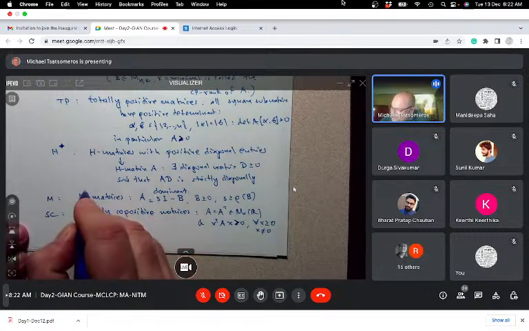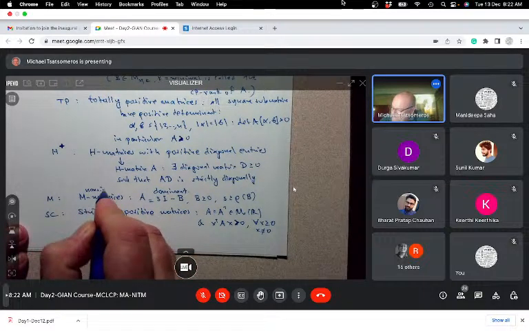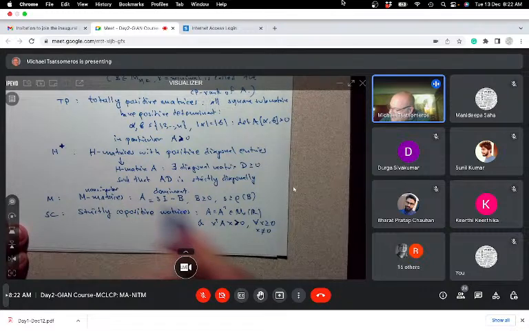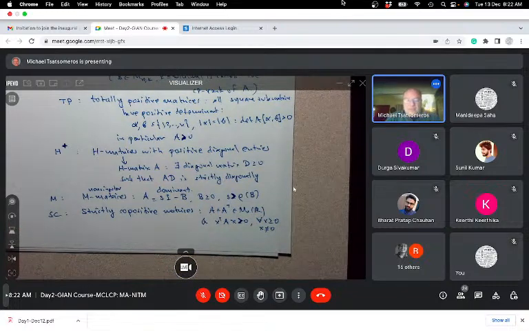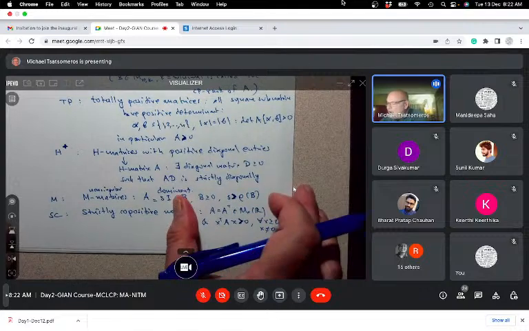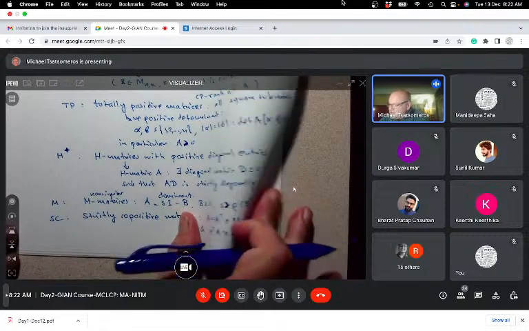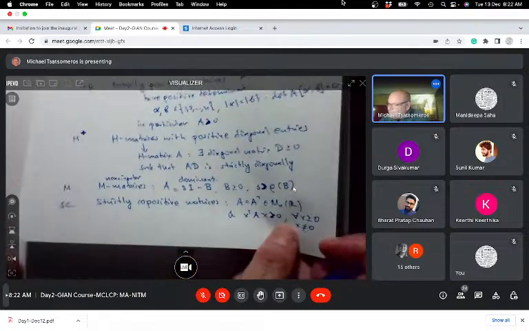I'm going to make these non-singular M matrices, and I'm going to make this S strictly greater than rho of B. Okay, strictly copositive. All right, a couple more, and then I'll draw a picture.